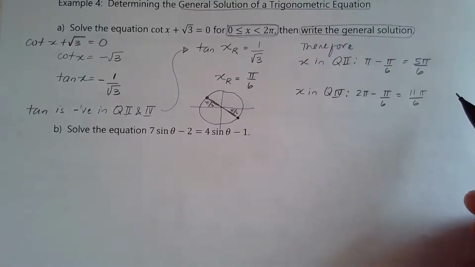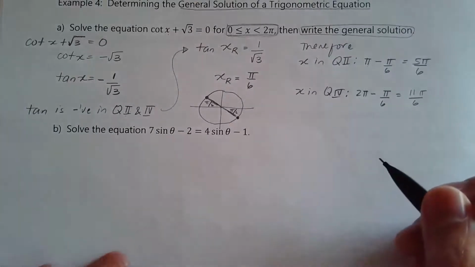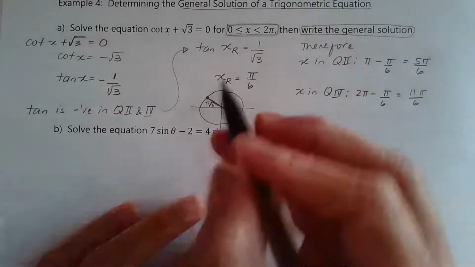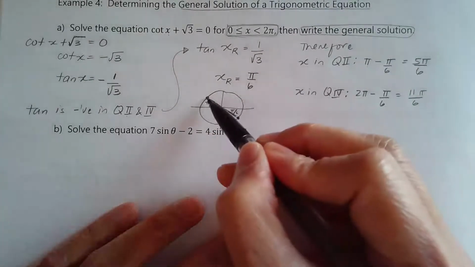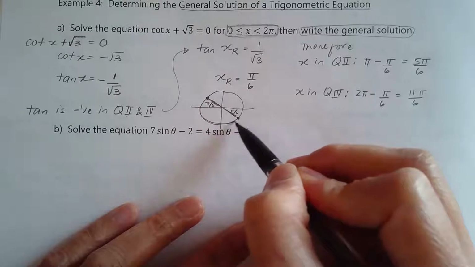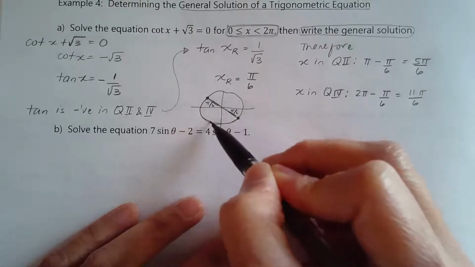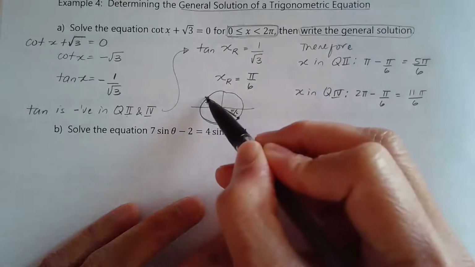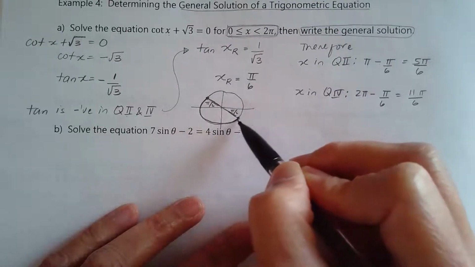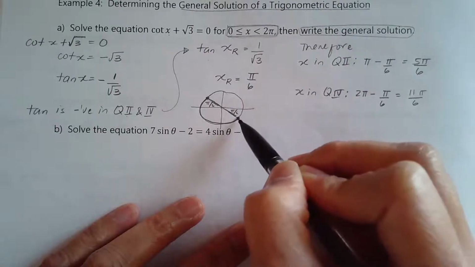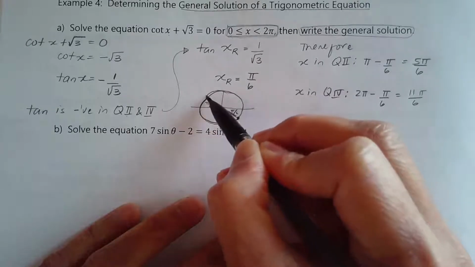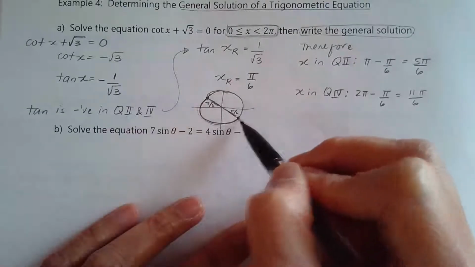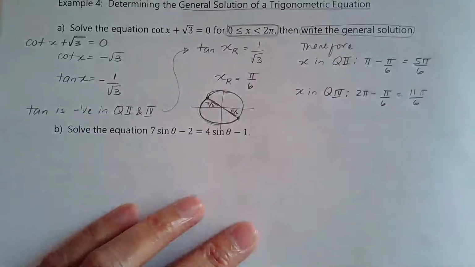Now, what can we do? You'll probably notice that from here to there, we've rotated pi radians. From this to there is another pi radians, and then from here, another pi to get into that one, and another pi to get to that one. So really, we can simplify that.